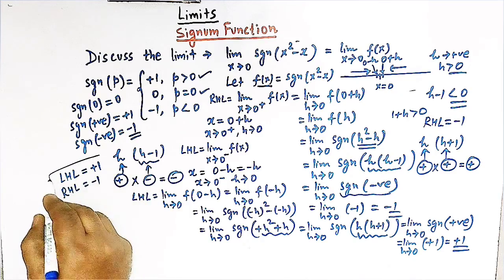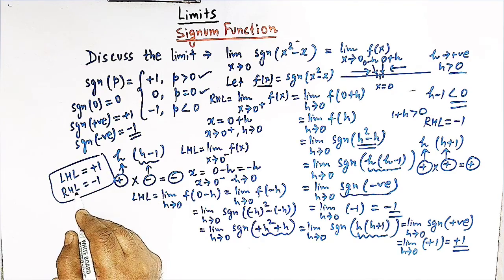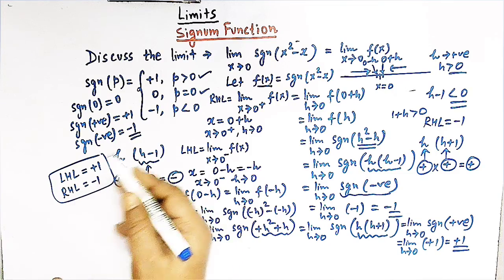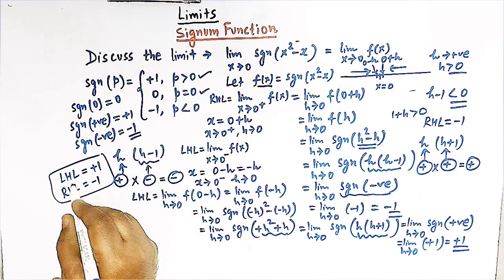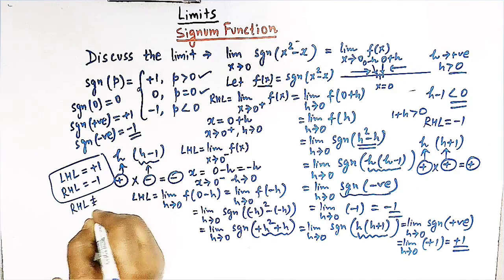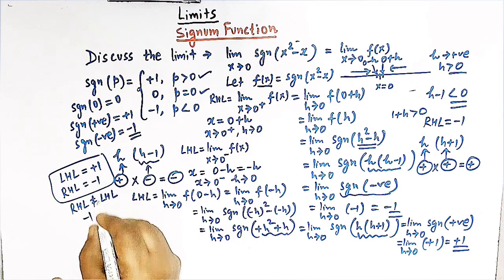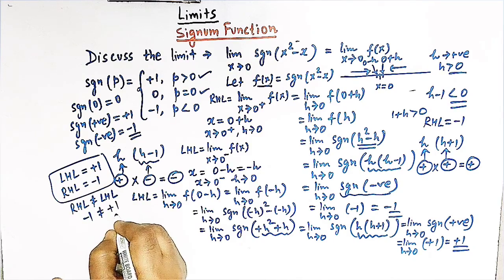And we can see that although the left hand limit and the right hand limit both exist and they are finite, they are not equal to each other. That is, minus 1 is not equal to plus 1.